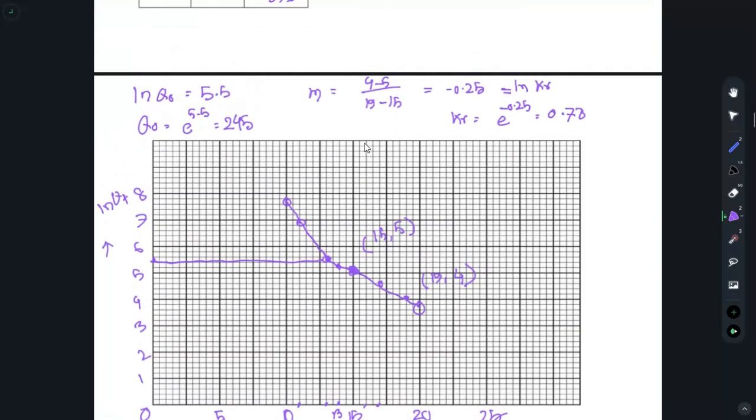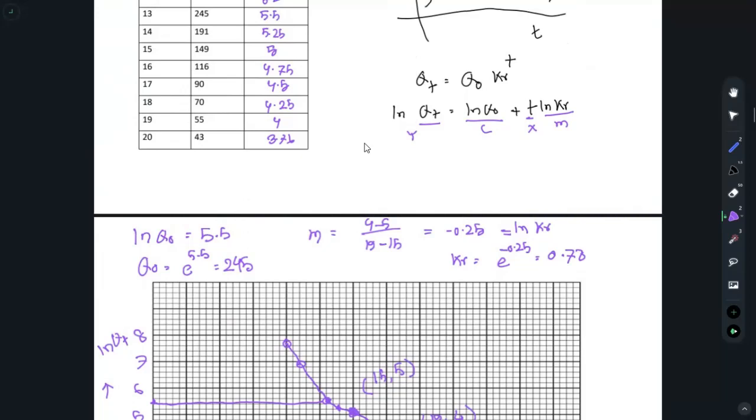So your equation is qt is equal to q naught, which is 245, times kr, which is 0.78, to the power of time.